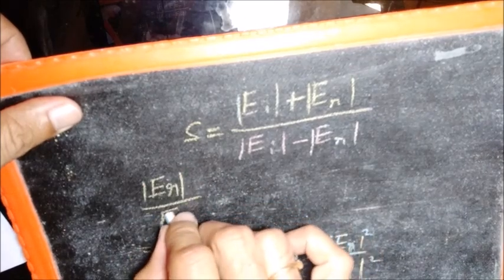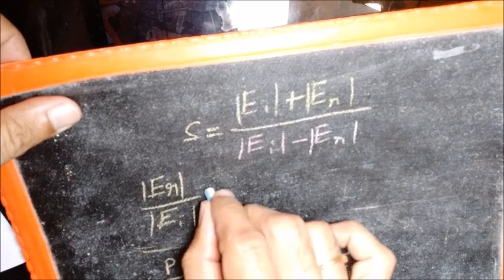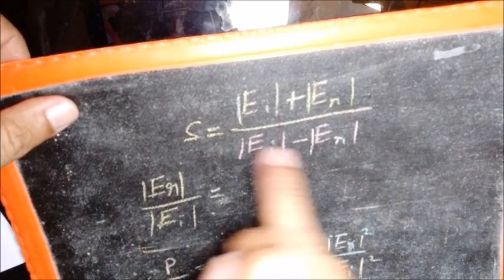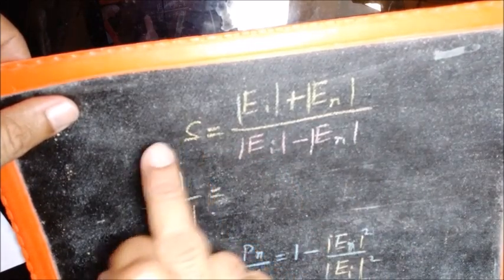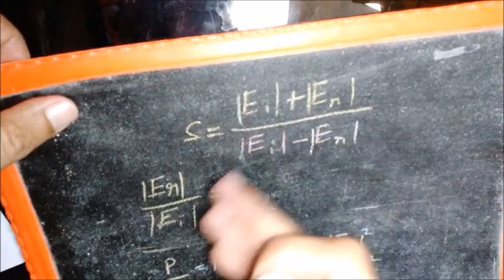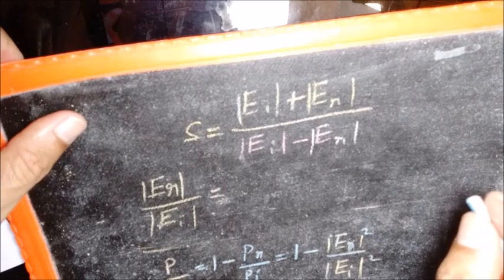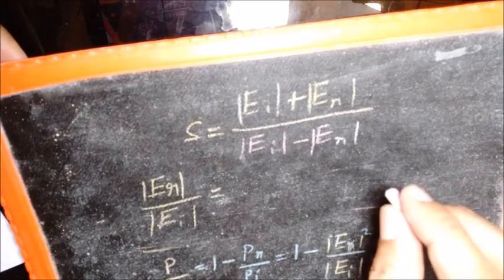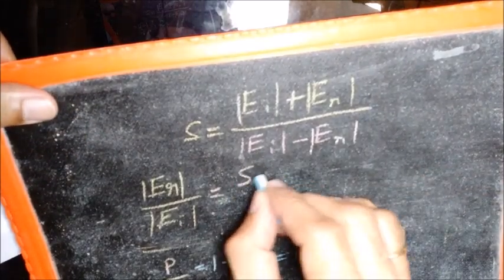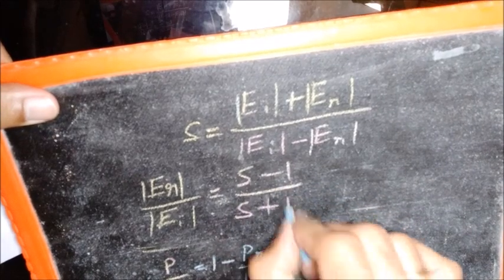It's a small exercise you can do on your own. You just have to multiply both sides with this, and then rearrange the terms to get the ratio ER by EI. And you can see that this becomes, please verify the results, S minus 1 by S plus 1.